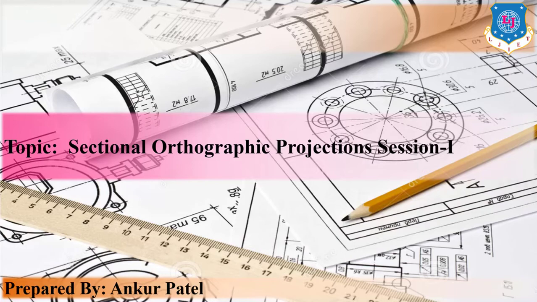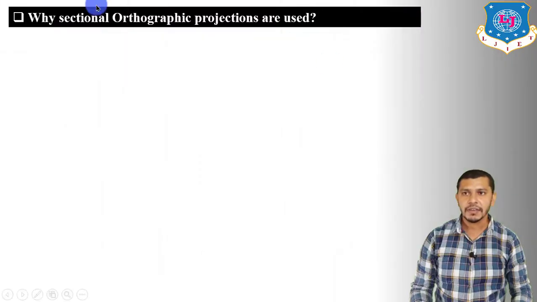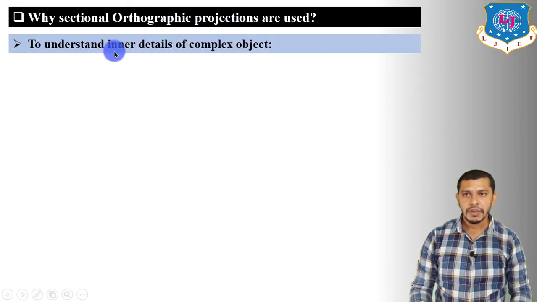So let's start. The very first thing is why sectional orthographic projections are used, or why it is required to take the section of the object. Sectional orthographic projections are used to understand the inner details of a complex object.